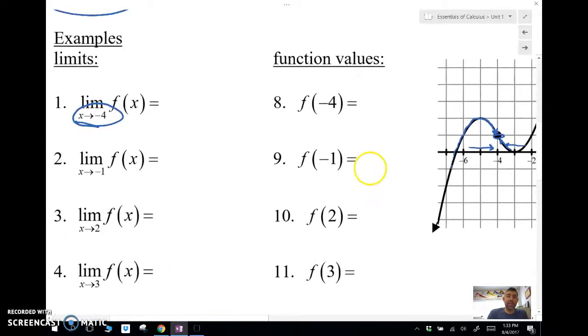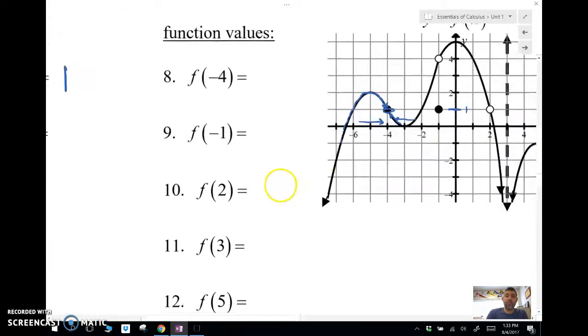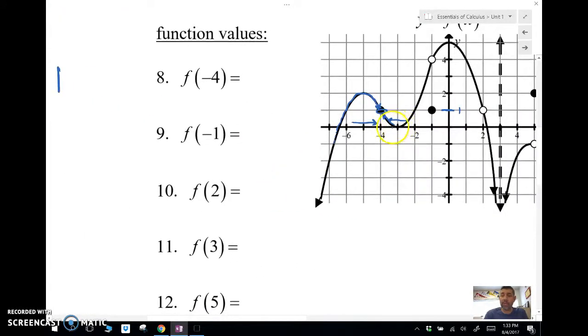So my limit is going to be 1. F of -4 is the actual y value at x equals -4 on the function. Since it's a solid point, this is also going to be 1.